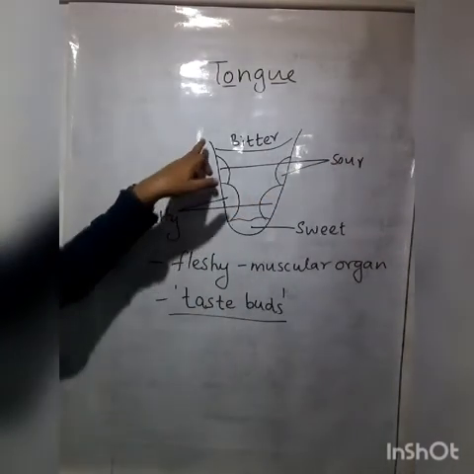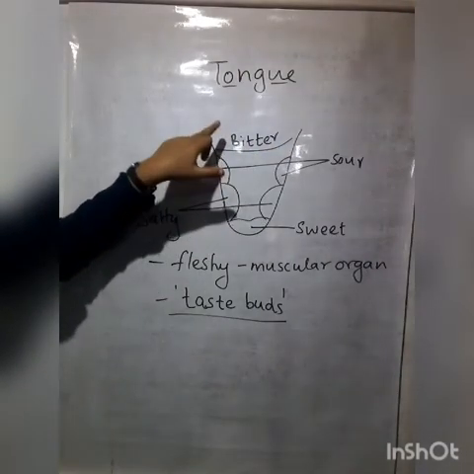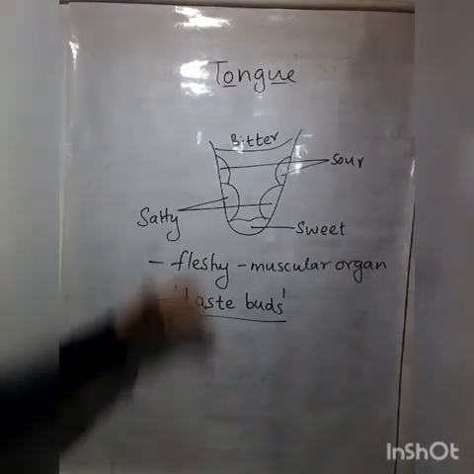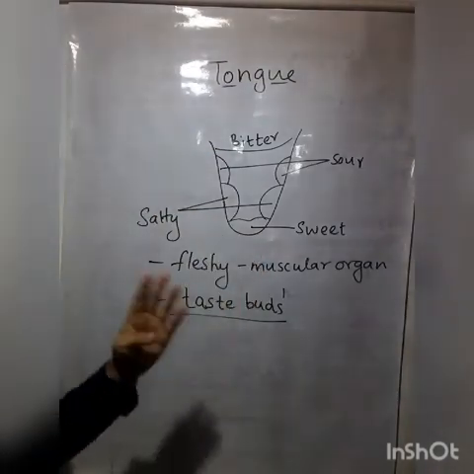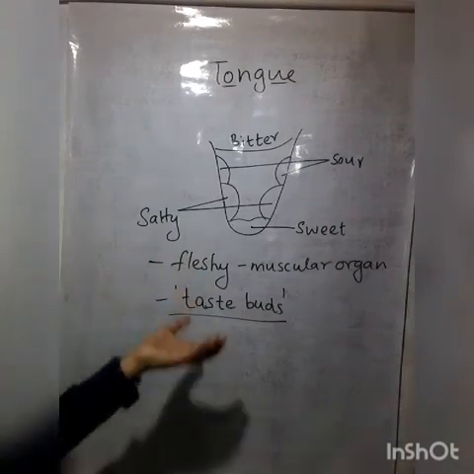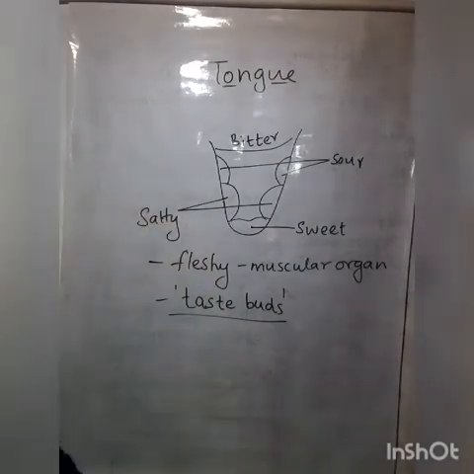At the back side of the tongue we have the taste buds to identify the bitter taste. So our tongue is divided into 4 regions to know different types of taste by using taste buds. Hope you understand what the tongue is and what its functions are.